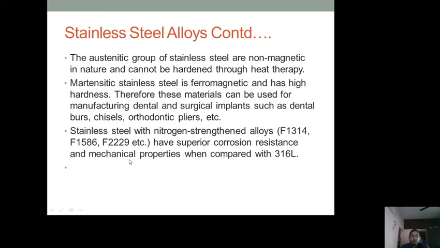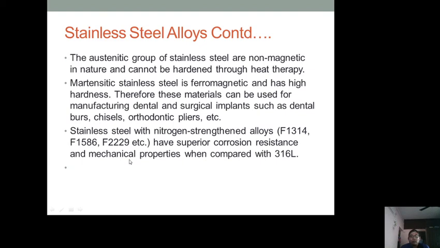The austenitic group of stainless steel are non-ferromagnetic in nature, and they cannot be hardened with heat treatment. Martensitic stainless steel, on the other hand, are ferromagnetic and they have high hardness. Therefore, these materials are used to manufacture dental and surgical implants such as dental burrs, chisels, orthodontic pliers, etc. So, if you are manufacturing these surgical instruments, you'd rather choose martensitic stainless steel over austenitic stainless steel.